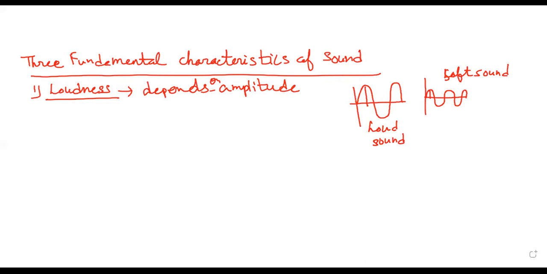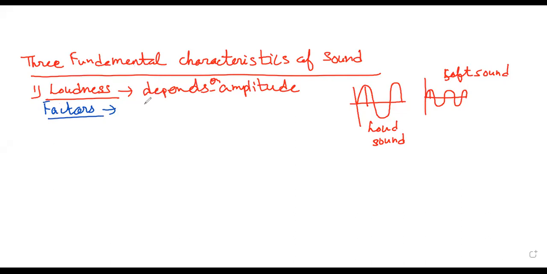Now you have to learn these points, which I'm going to explain now, the factors on which it depends. A question will come: name the factor on which loudness does not depend. 4 options will be there, because mainly we have 3 factors on which loudness depends.